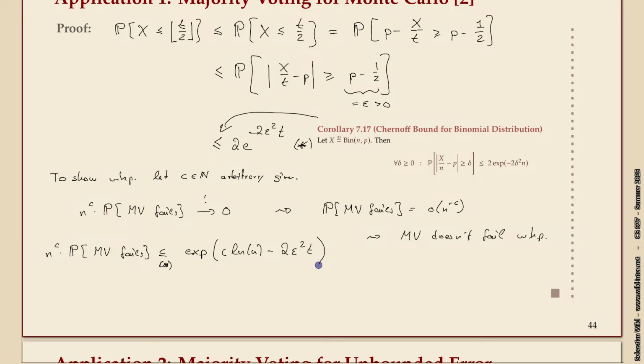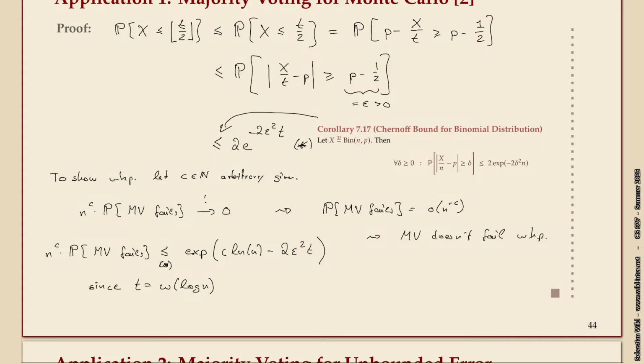And at this point, we have to use what we know about t, namely that it is a super polynomial. Which means we have some constant times log n minus another constant times something that grows much stronger than log n.